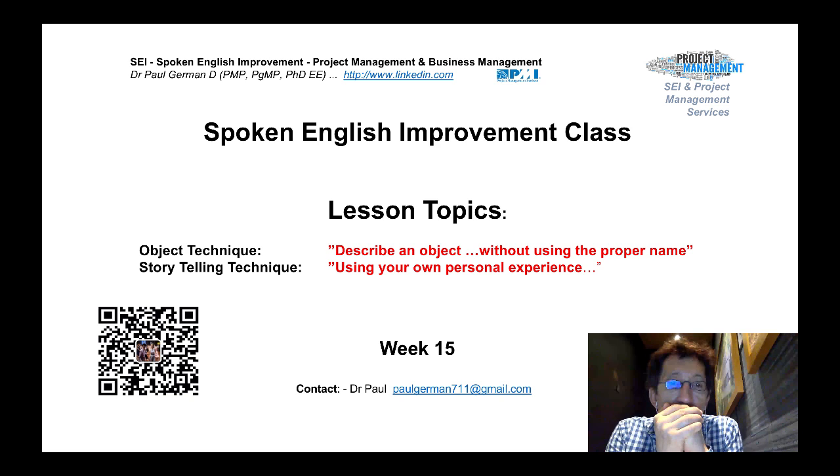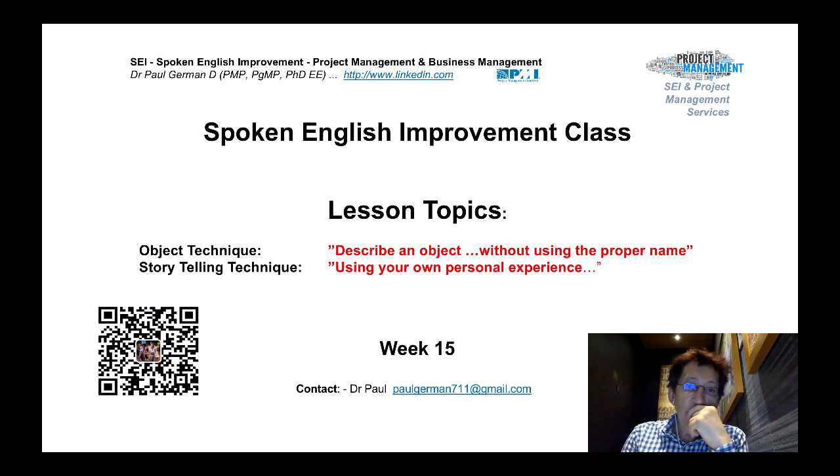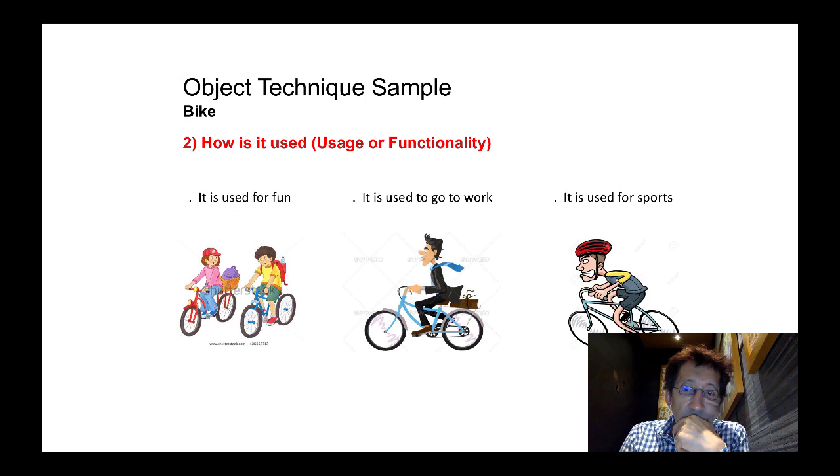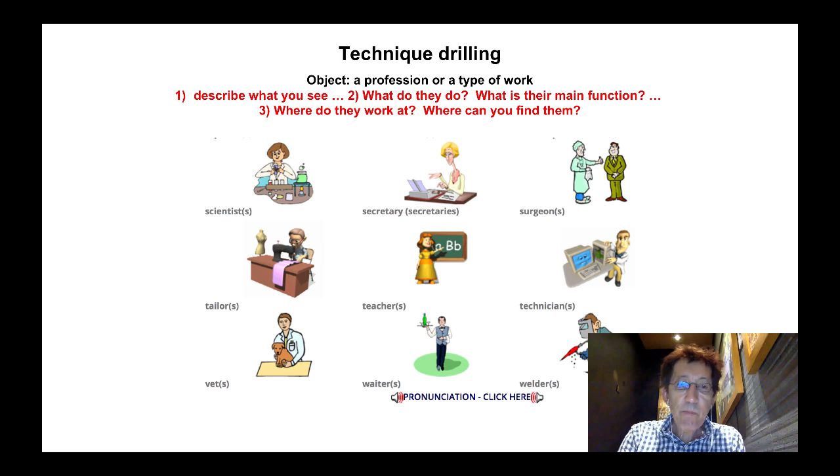Okay, so we warm up with the object technique, describe an object, and then we go to storytelling. Let's go to page 12. Today's object is going to be slightly different.